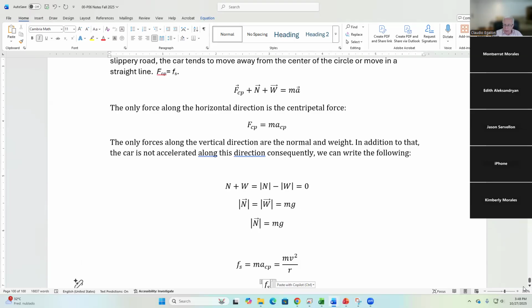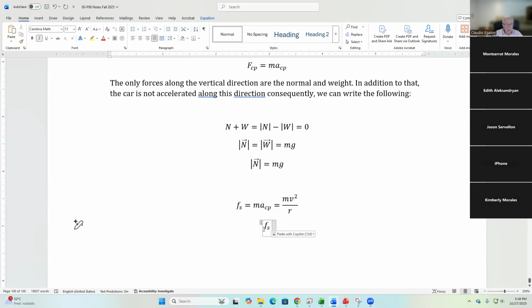It is anywhere between 0 and the coefficient of static friction times the normal. Now do you see why I calculated that normal there? This is the maximum value of the force of static friction.